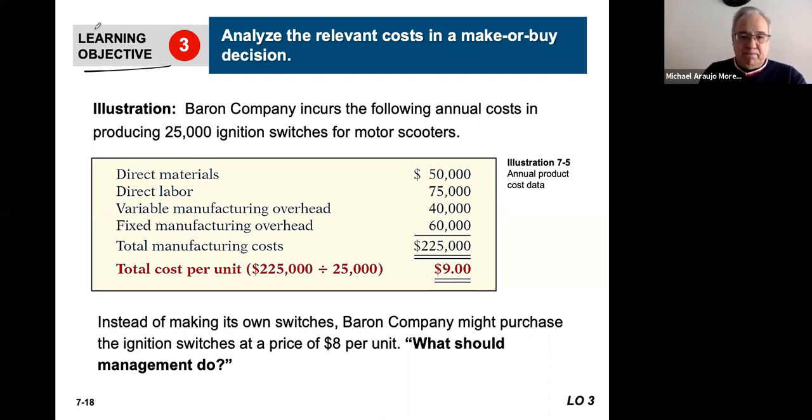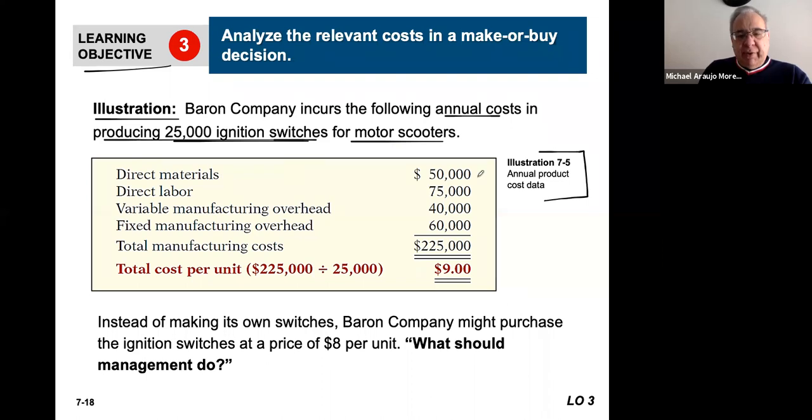So it jumps right into an illustration. They have this company, Barron Company. They have the following annual costs producing 25,000 ignition switches for motor scooters. I like to say that fast. Ignition switches for motor scooters. All right. So, and here is the breakdown.